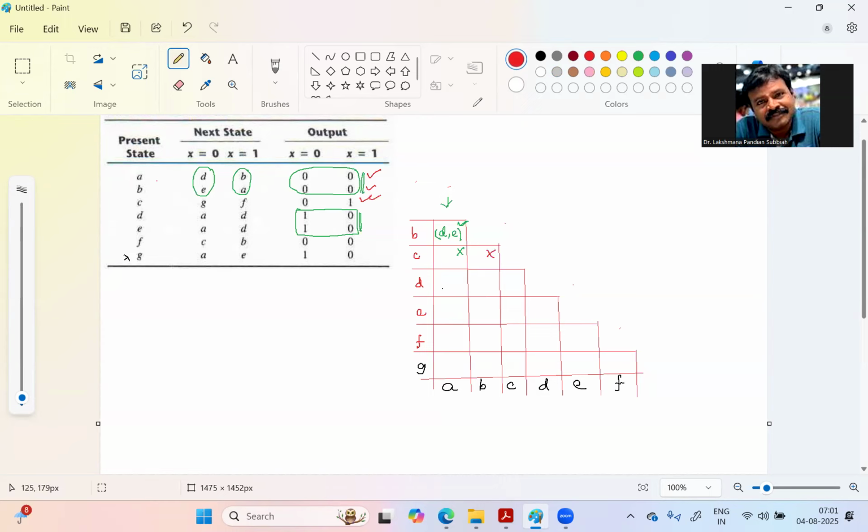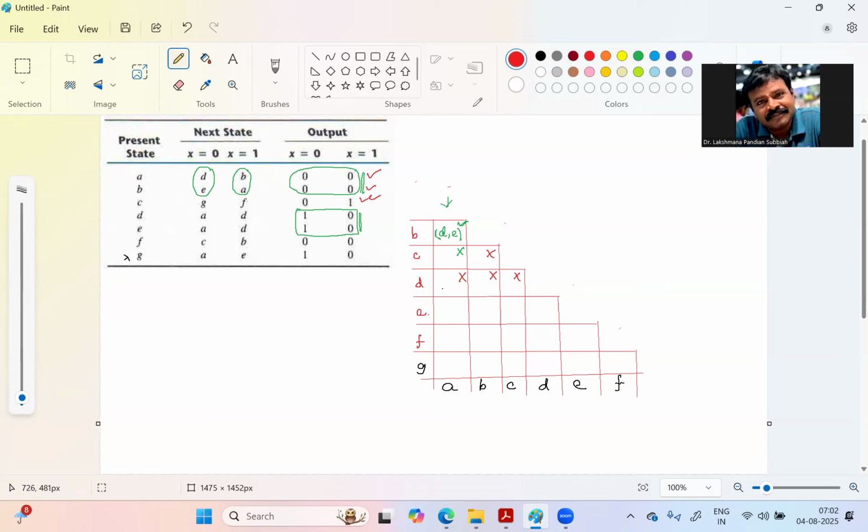Then AD has different outputs, so it cannot be paired. Then BD also has different outputs. Then CD has different outputs, so it cannot be paired.